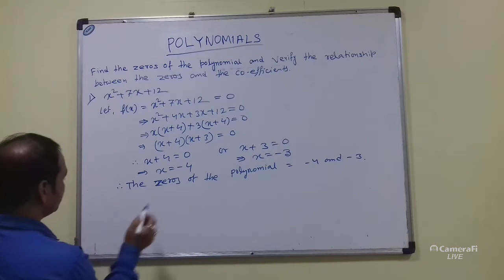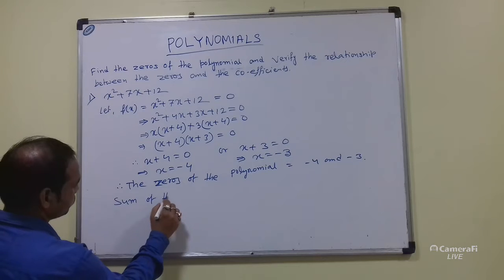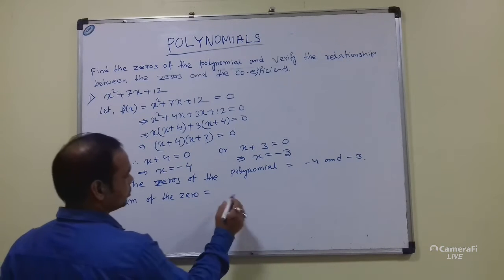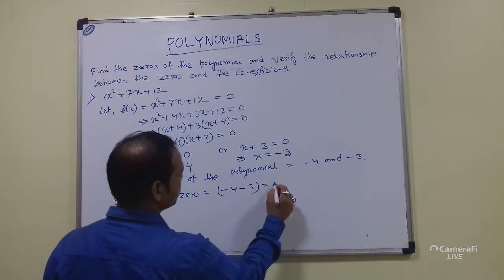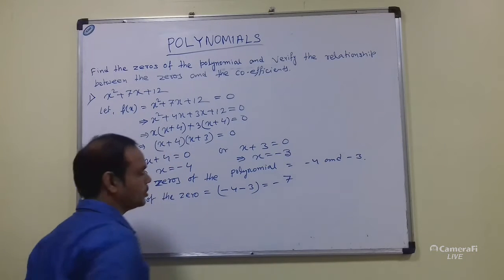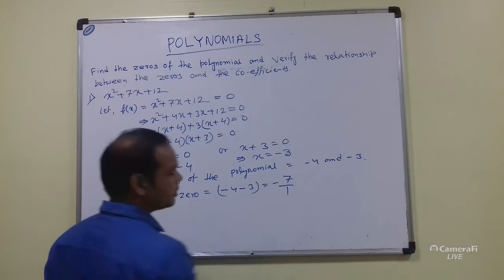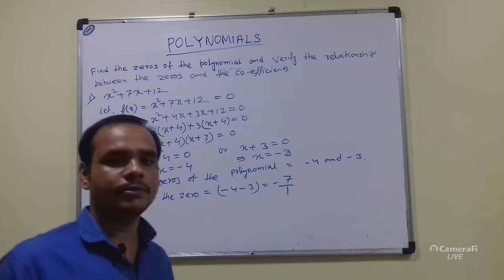Now the sum of the zeros. We find the sum of these two zeros, so it will be minus 7. Minus 7 can be written as minus 7 by 1.